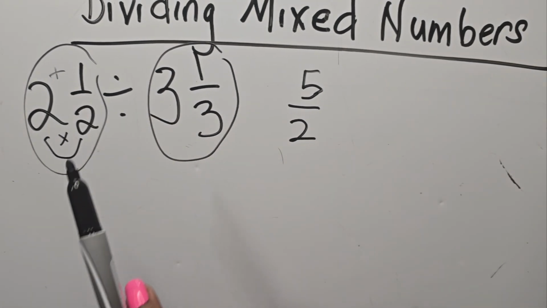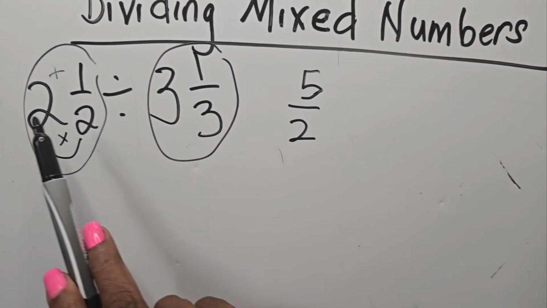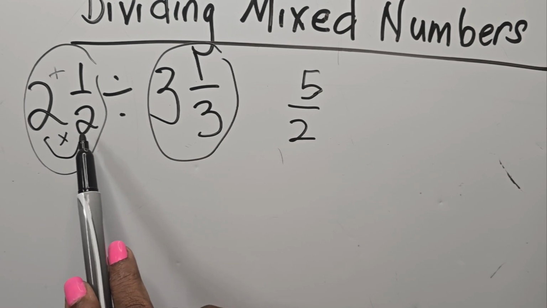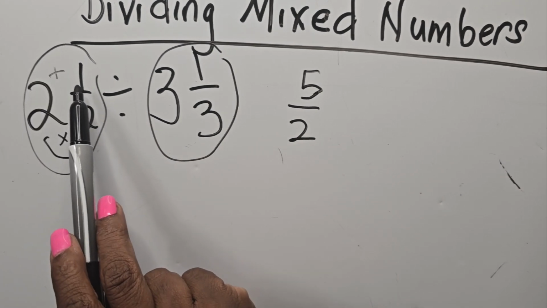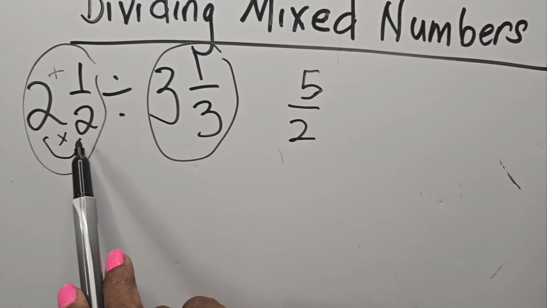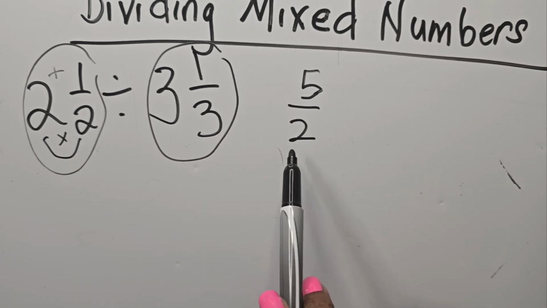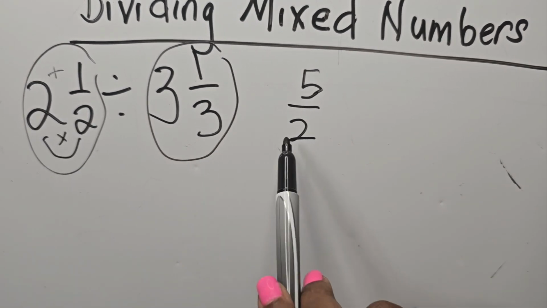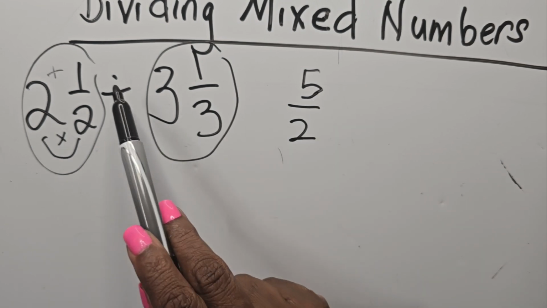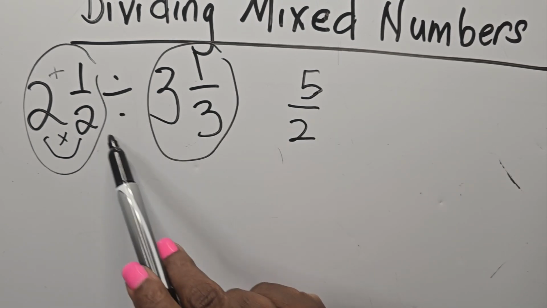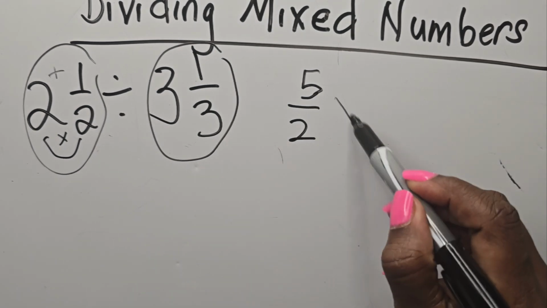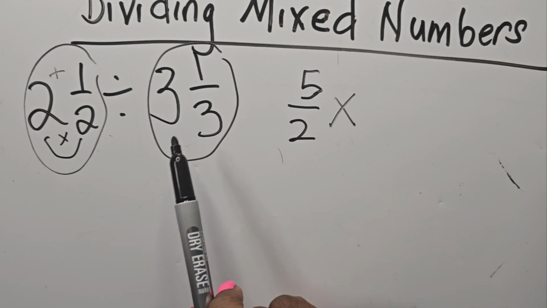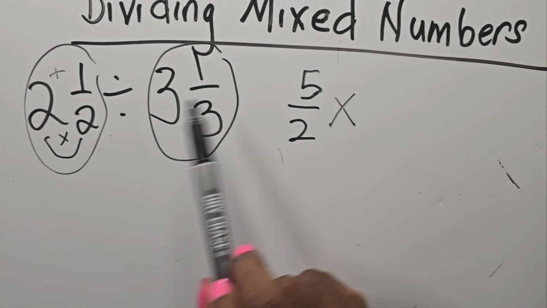How do we rename a mixed number? You multiply the whole number by the denominator, and then you add the numerator, and everything goes over the same denominator that you have. So 2 1/2 really becomes 5/2. Remember, step 2, your division becomes a multiply. Now you have to rename this also.